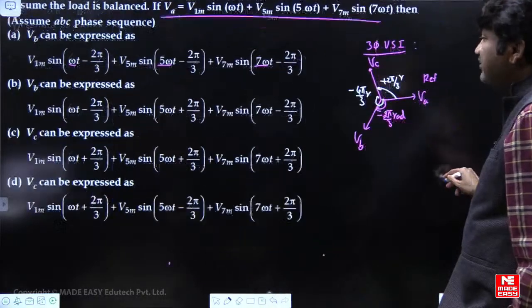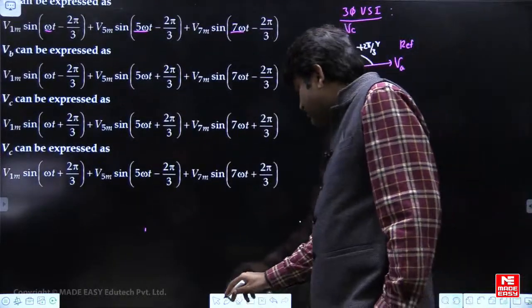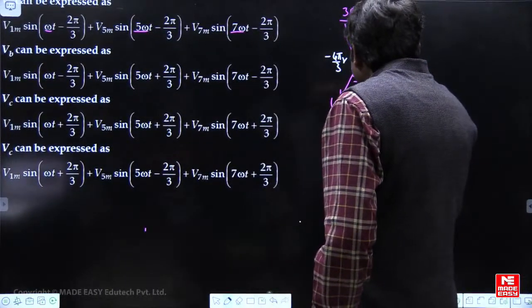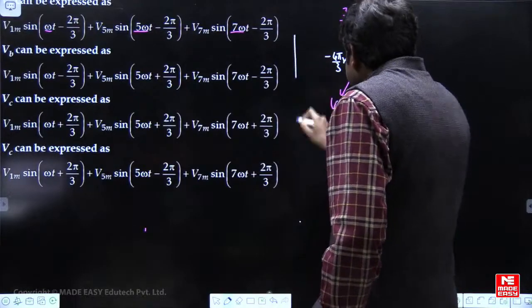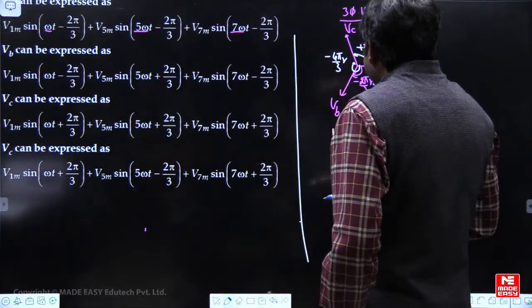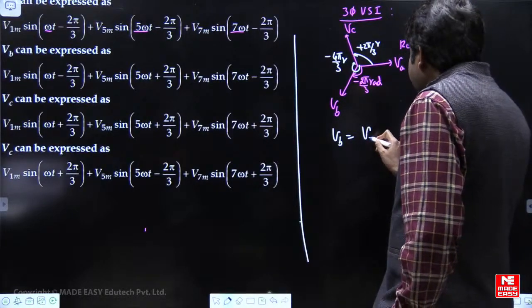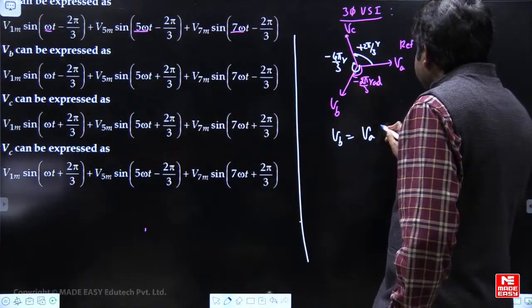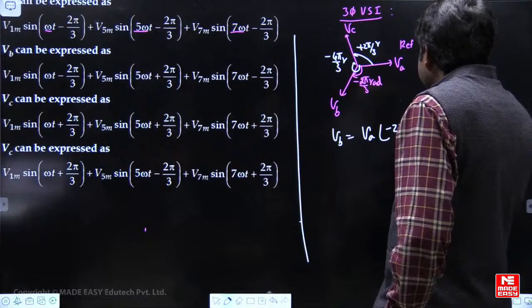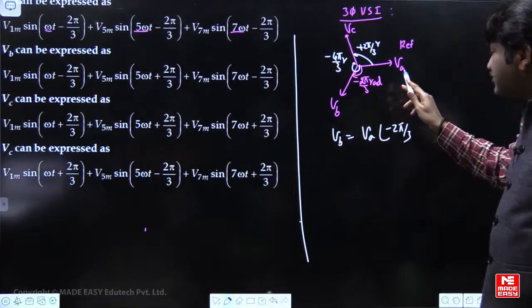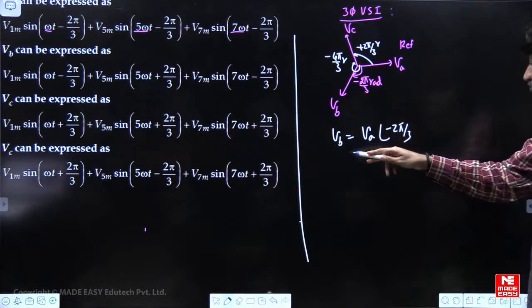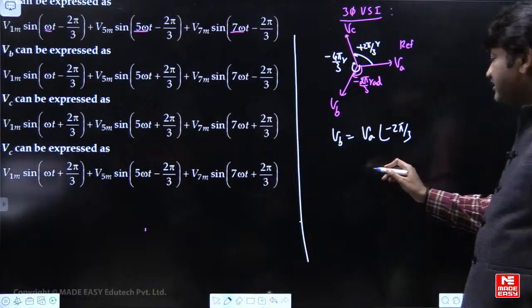How do you find phase B here? So just look here, phase B voltage is lagging phase A by 2 pi by 3. With reference to phase A, phase B is lagging by 2 pi by 3.